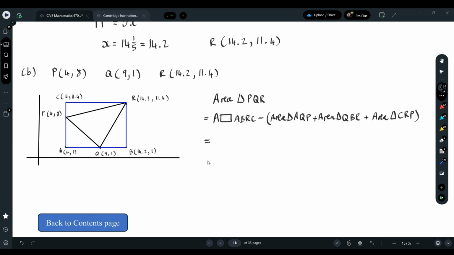Right. Now, although that might seem quite a lot to do, the calculations to work it out are fairly simple.